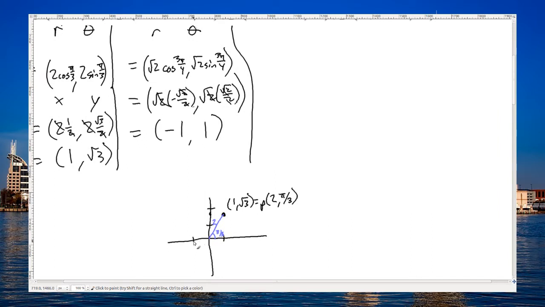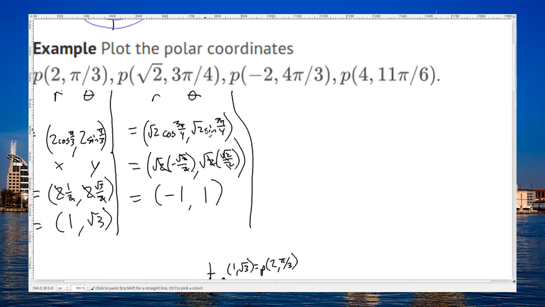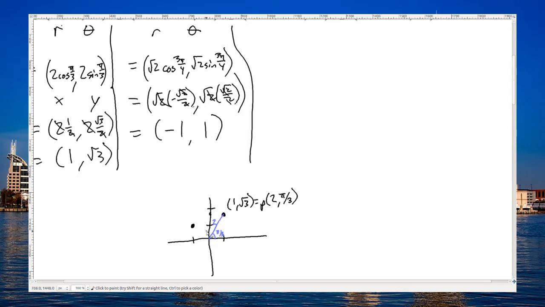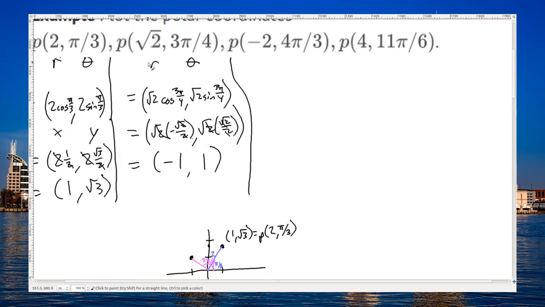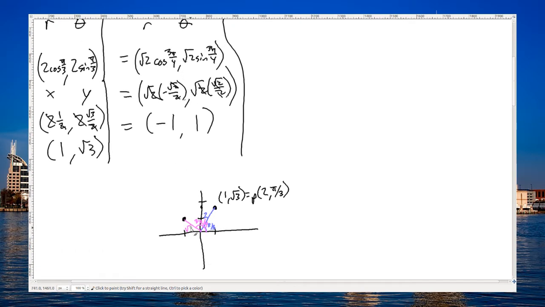Alrighty, so let's plot that. We'll go back negative 1 and up positive 1, and we get this point right here. But notice that that is exactly the same as if we had rotated 3 pi over 4, which is 135 degrees, and then gone out root 2 away from the origin.